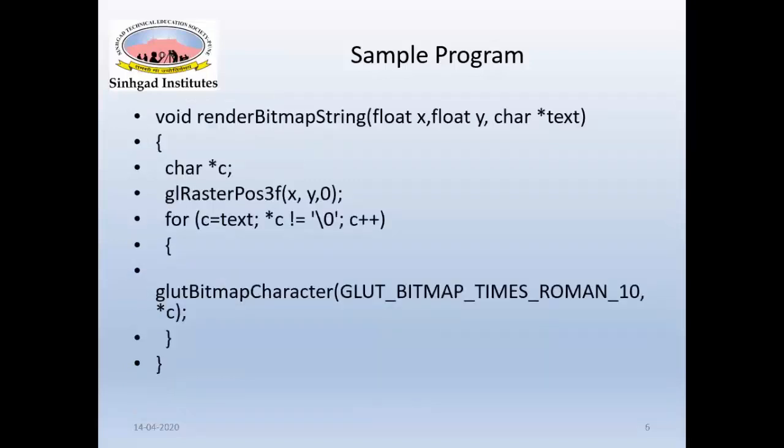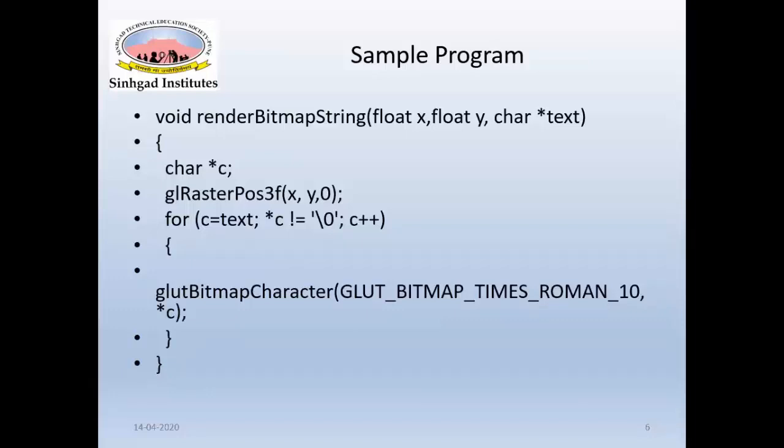Next, this is the function which is going to print a string or character. So void renderBitmapString. Here we have float x, float y, and a character pointer to the text. Float x and float y will decide the location at which that particular string or word is going to print.